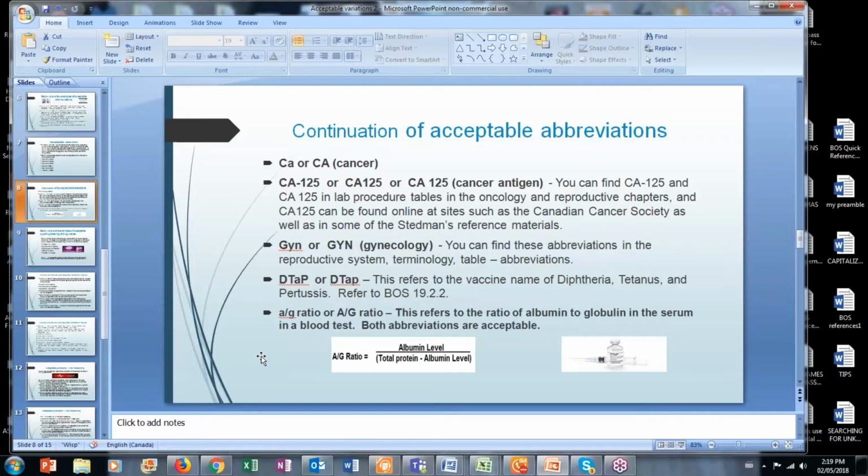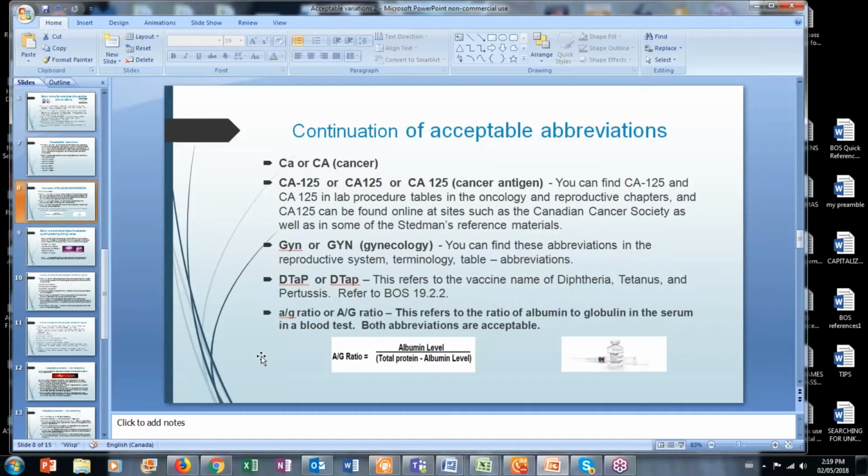And the DTaP, you can use uppercase DT, lowercase a, uppercase P, or uppercase DT, lowercase aP. This refers to the vaccine name of diphtheria, tetanus, and pertussis. Did I pronounce that right? Yes. Okay. Refer to BOSS 19.2.2.